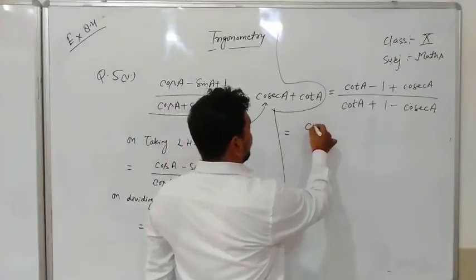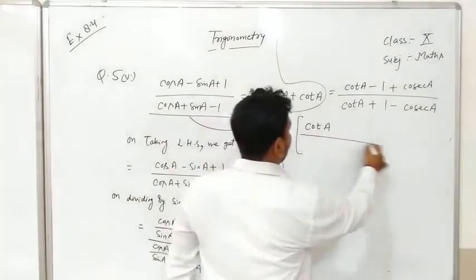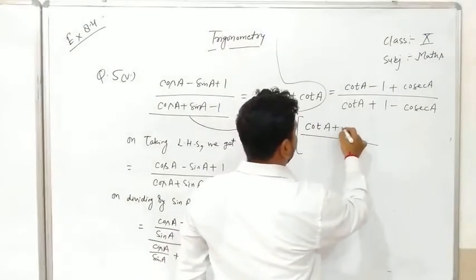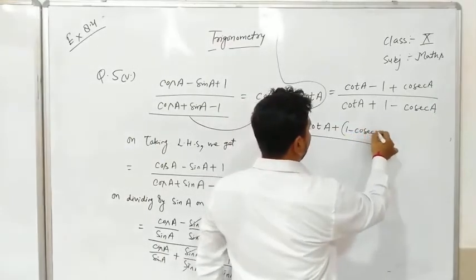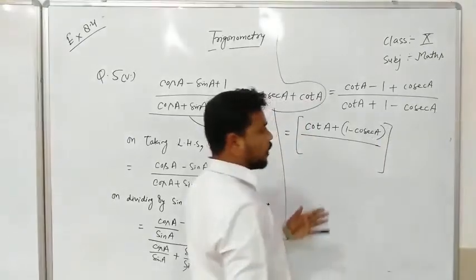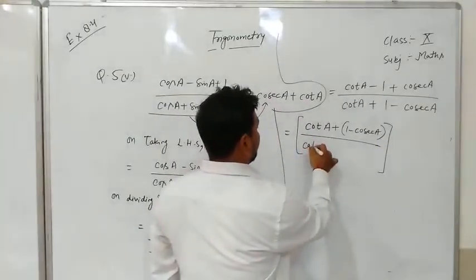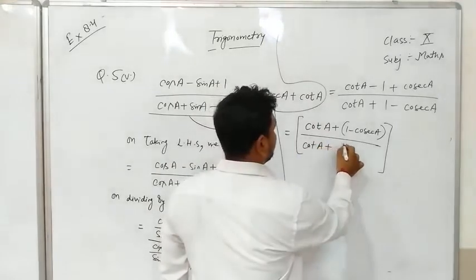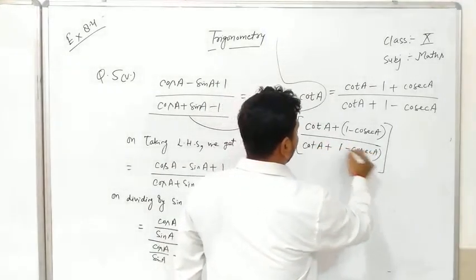Now we can write it as cot A plus 1 minus cosec A, cot A plus 1 minus cosec A is also there.